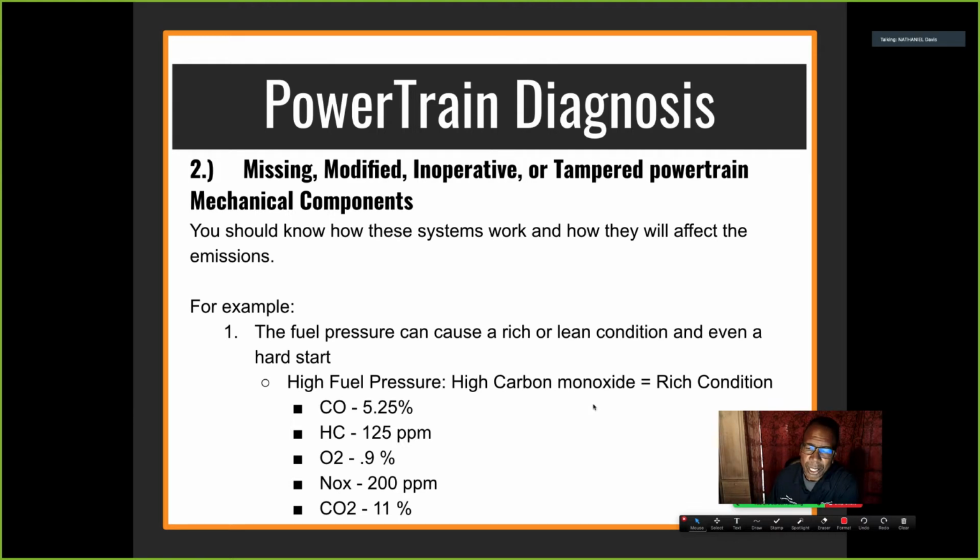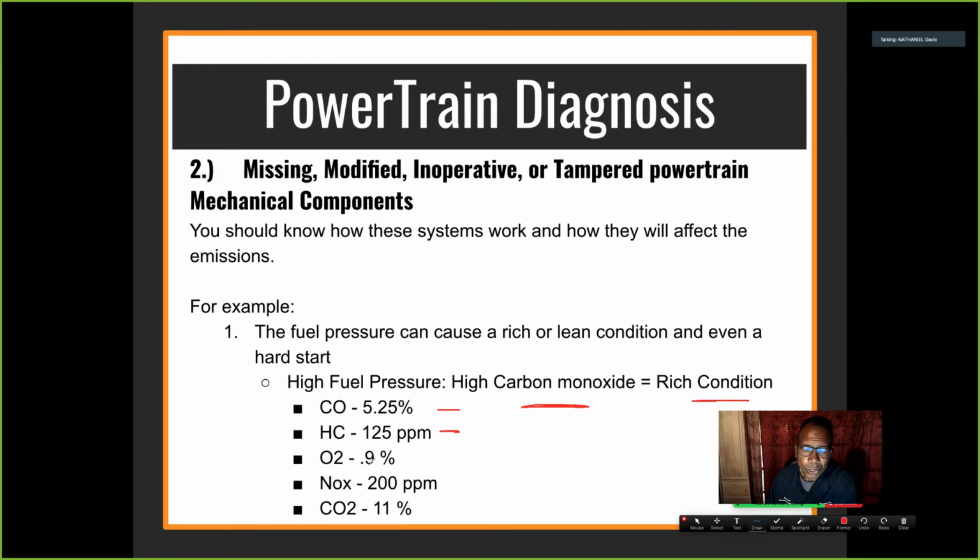Carbon monoxide is always an indication of fuel or a rich condition. High CO is an indication of a rich condition. See this? And you see the CO right here. Yeah. Hydrocarbons will follow. HC usually follows CO because the plugs are starting to foul out. Yeah. Okay.